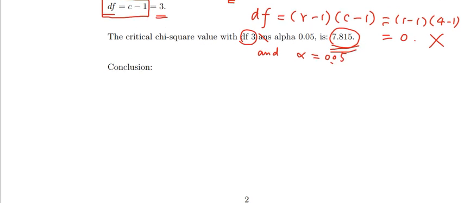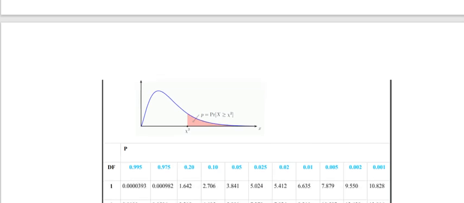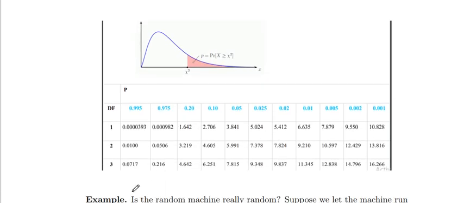We check a chi-square table, or maybe I'll put a chi-square table here. Degree of freedom 3, then check this line, and this is alpha, 0.05, so we find this number.